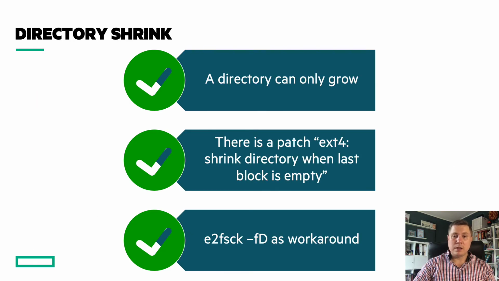Another issue connected with directories is the fact that a directory can only grow. So somebody adds a lot of names in the same directory and then deletes them. Directory size stays the same, and currently there is only one way to make it smaller, which is to rebuild such a directory using E2FSCK with the -fD options.